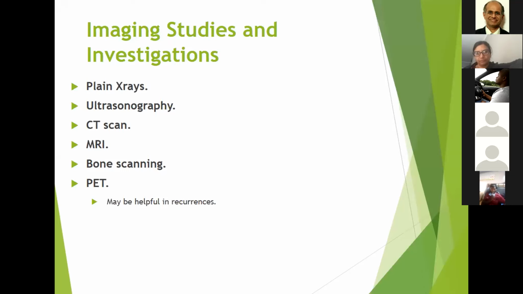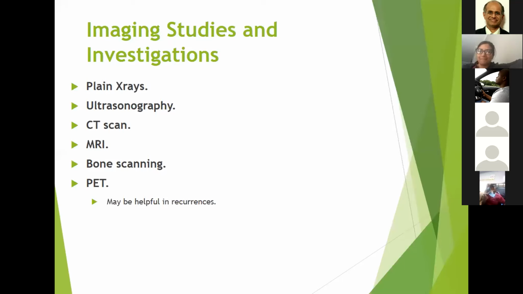Ultrasound can also be used as an investigation to look for masses, mostly in the abdomen, to identify the mass, and even for ultrasound guided biopsy. You can also pick up metastatic disease on ultrasound.